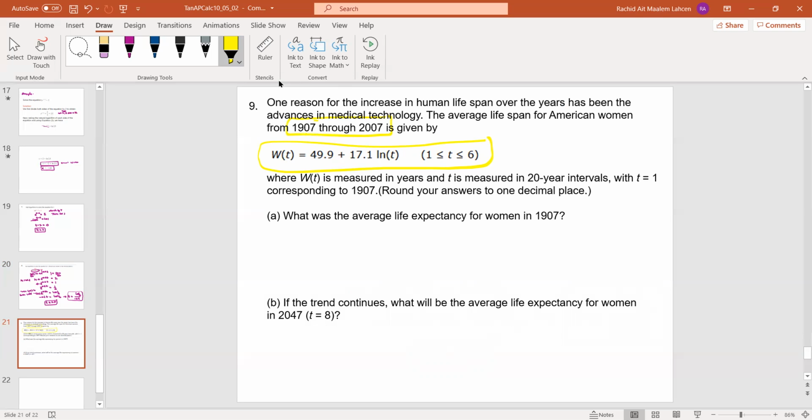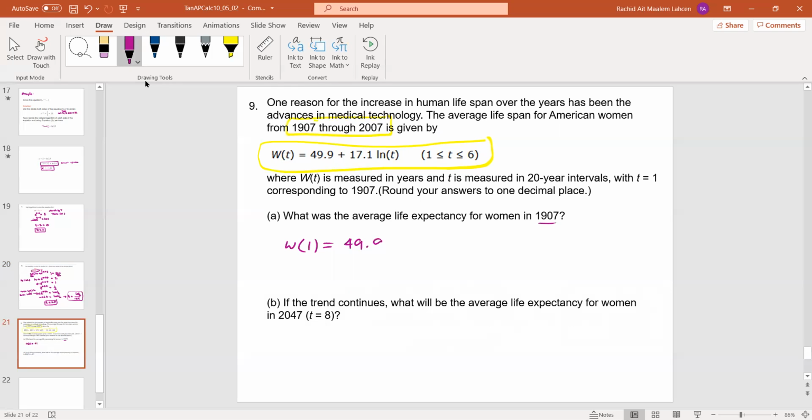W is measured in years, and t is measured in 20-year intervals, right? And this is about the average lifespan of American women, based on whatever studies they did. So here, of course, if you're asked for 1907, we're not going to substitute 1907, but here it stands for 1, right?